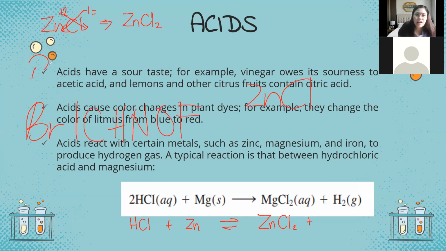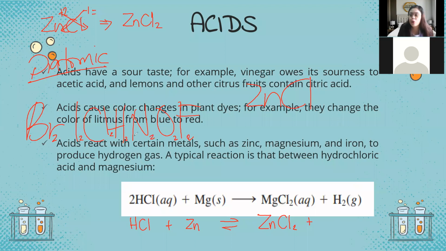Di ba, sila yung mga diatomic molecules. Na kapag hindi sila nakakombine with other elements, they are diatomic, meaning dalawang atoms. So, ano ba sila? Bromine, iodine, C is for chlorine, H is hydrogen, N is nitrogen, oxygen, and fluorine.